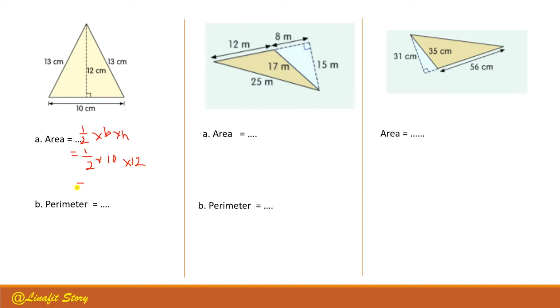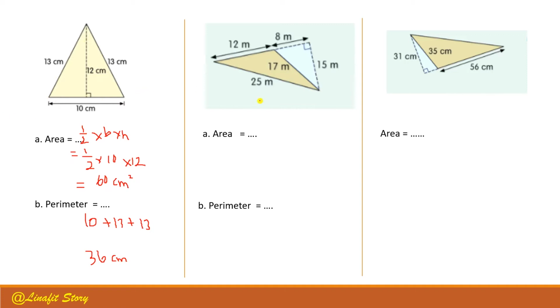So the answer is equal to 60 square cm. And to get the perimeter, it is 10 plus 13 plus 13, which is equal to 36 cm. Remember that the perimeter is the distance around a 2D shape.